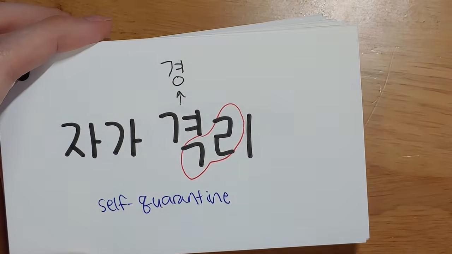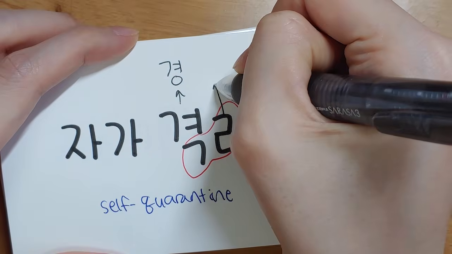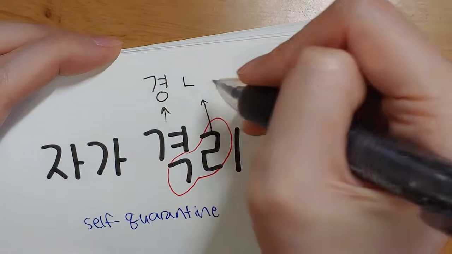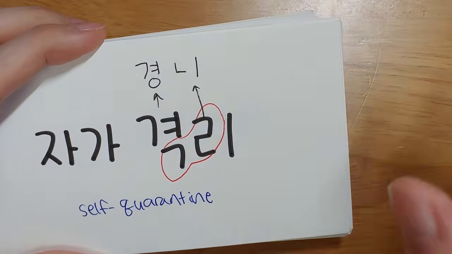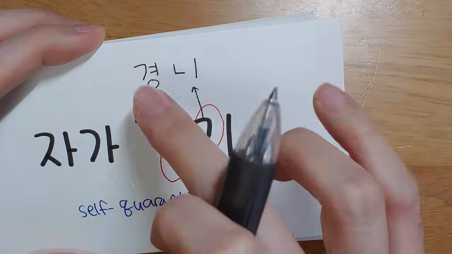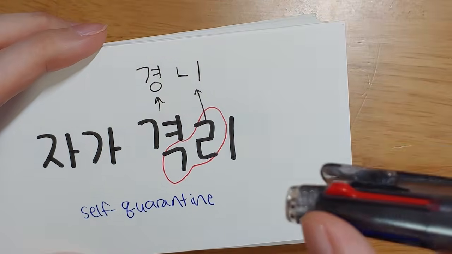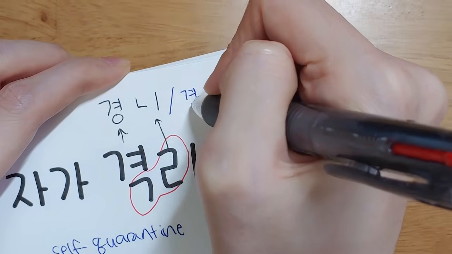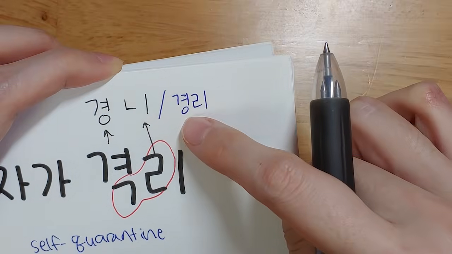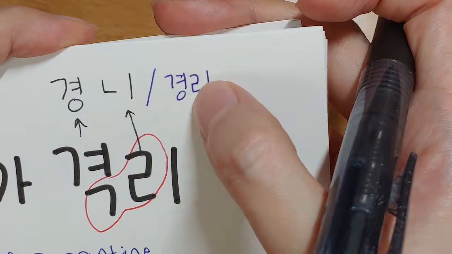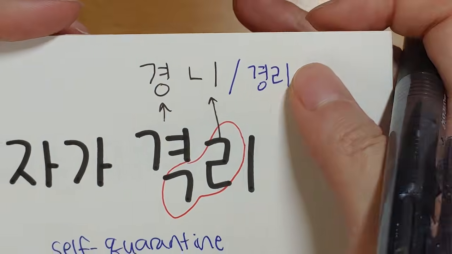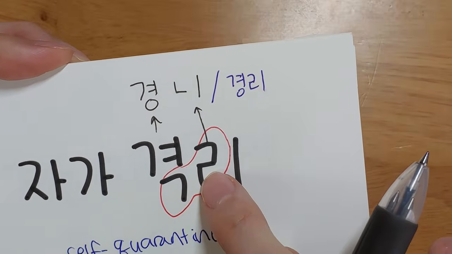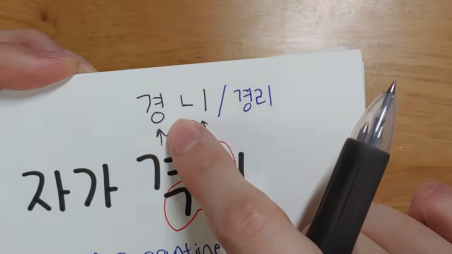Another interesting thing that happens is that the 르 sound gets replaced with a 느 sound, and you pronounce it like 격리, 자가격리. So if it's possible for you, you can be really clear with the 르 sound, but a lot of Koreans tend to find it a lot easier when this mixture happens to replace 르 with the 느 sound.